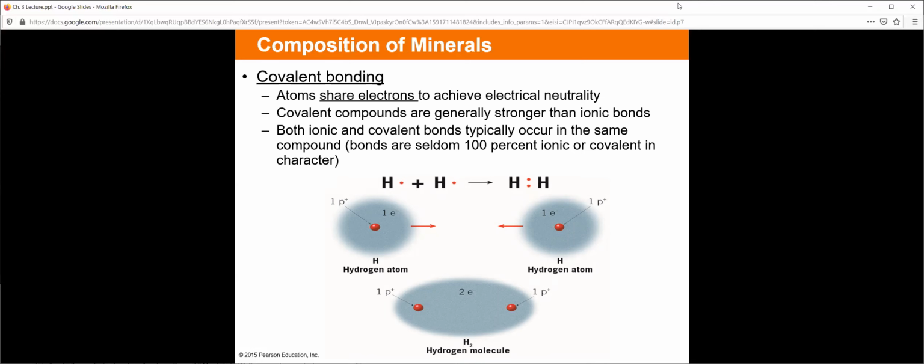Covalent bonds are stronger than ionic bonds, but they both occur in similar compounds. Bonds are seldom 100% ionic or covalent in character. We describe them as different, but in reality, things are more complicated. You could have covalent and ionic bonds happening within the same sort of molecules here. They give H2, hydrogen, as an example of a covalent bond.